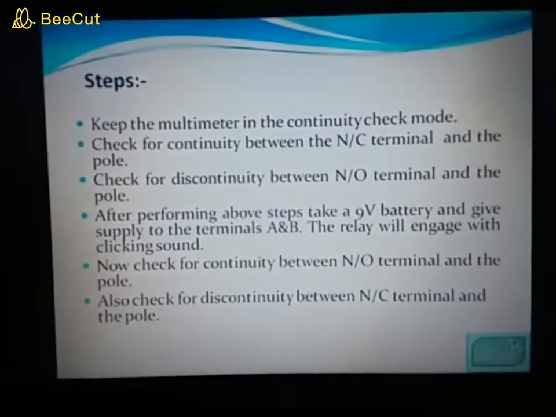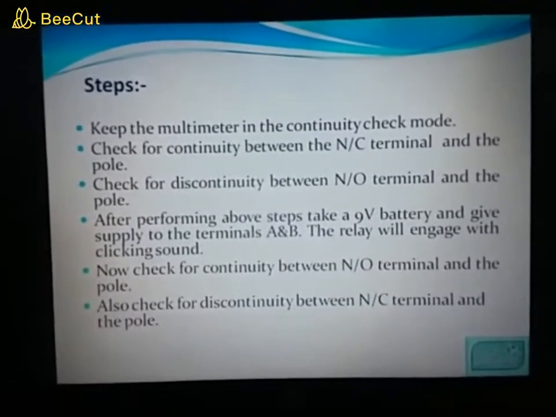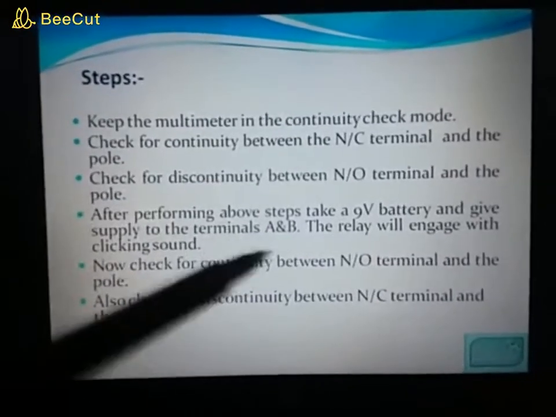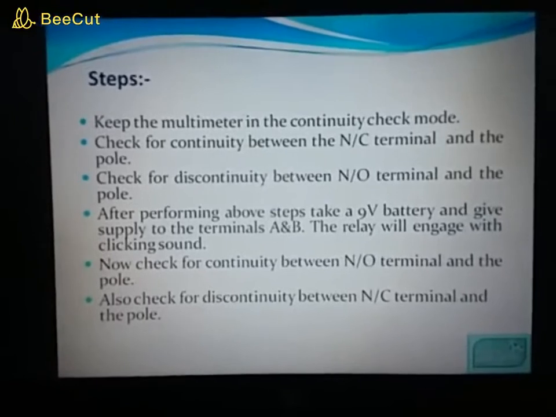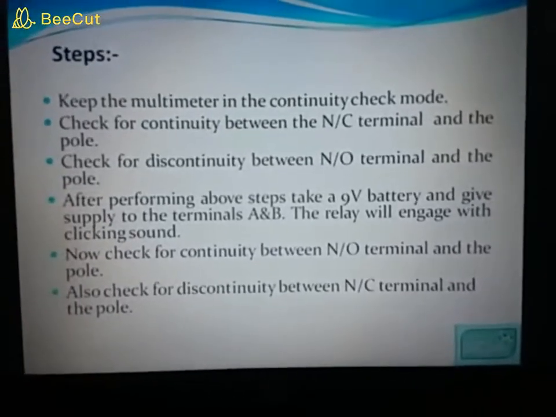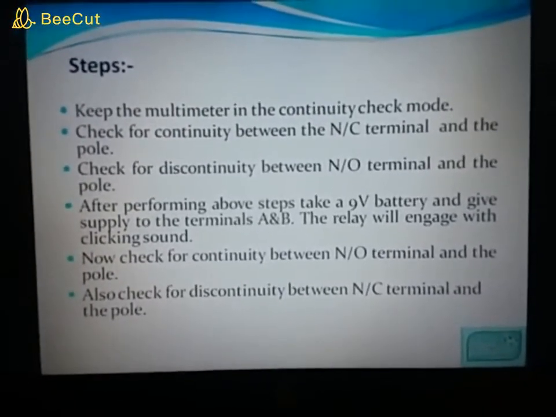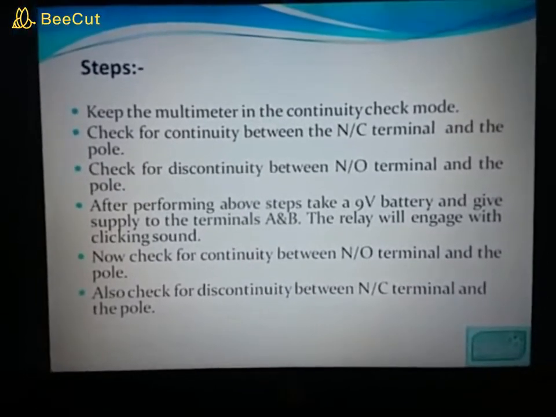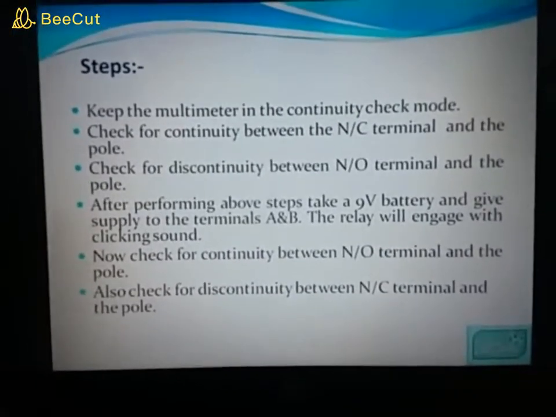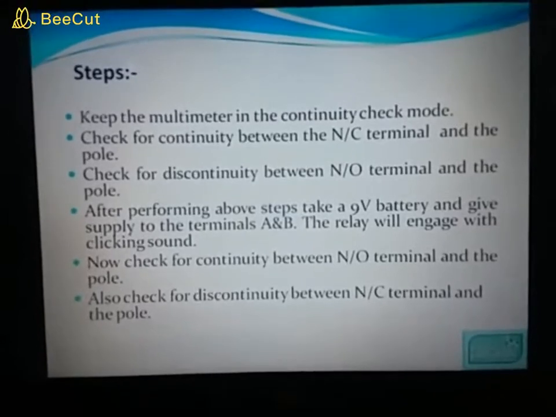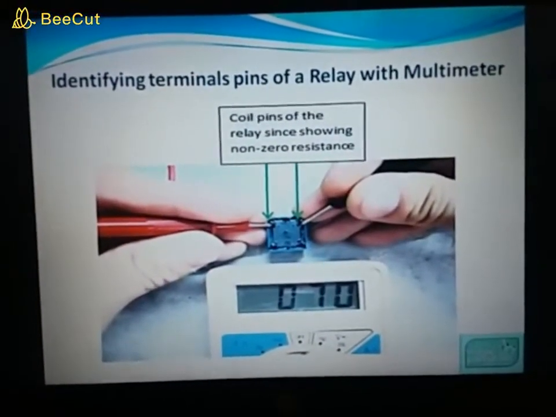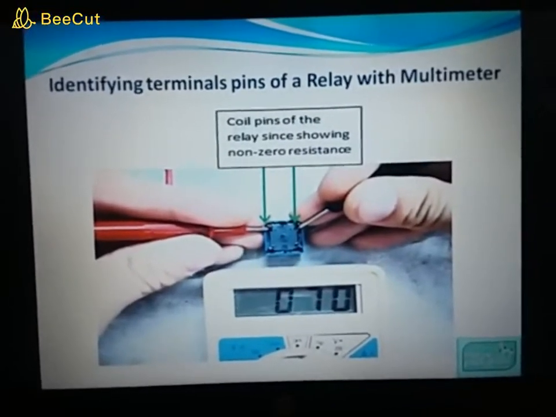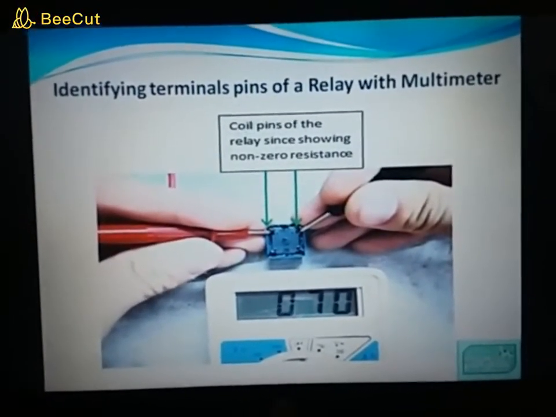You can write all the steps by pausing the video. As soon as we connect the 9-volt battery, there will be a clicking sound. I repeat, there will be a clicking sound. Now what we have to do, we just touch the probes of the digital multimeter to the pole and NC terminal.